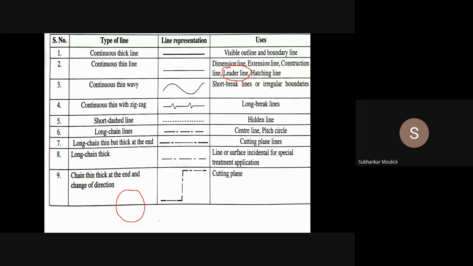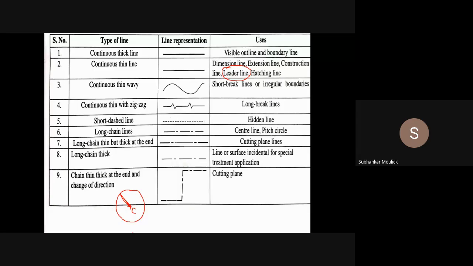Assume that the circle which I have drawn has a radius of 25 mm. So how will I represent it in the drawing? First, locate the center point. Assume that this is the center point of the circle, C. From this center point, draw an inclined radius line.